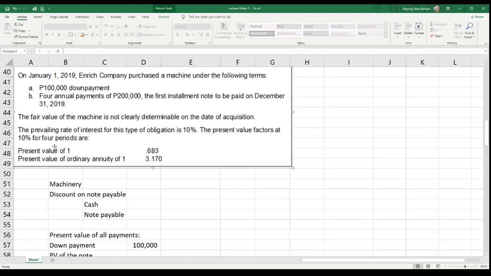Take note, present value of 1 only refers to a lump sum payment, but present value of ordinary annuity of 1 refers to installment payments. Now, since this 200,000 is to be paid annually, that means installment every year, so we will use the present value of ordinary annuity of 1, which is 3.17.